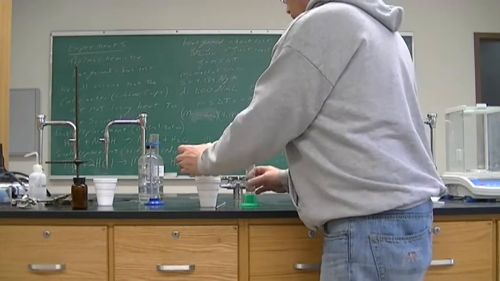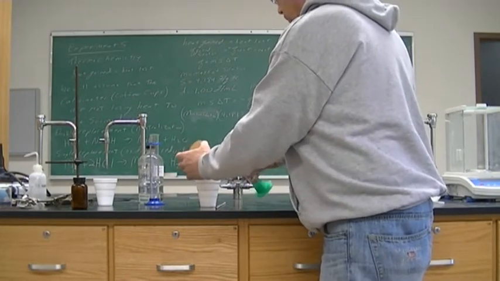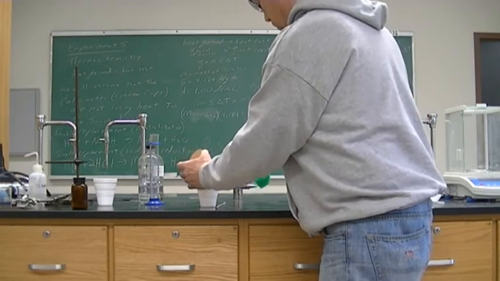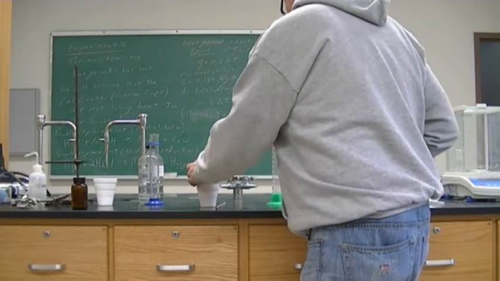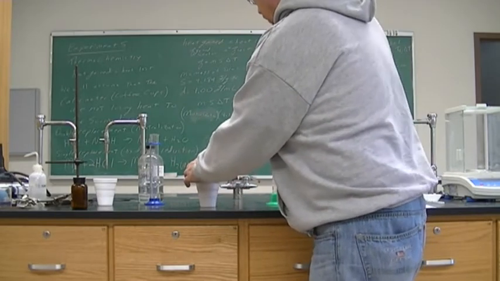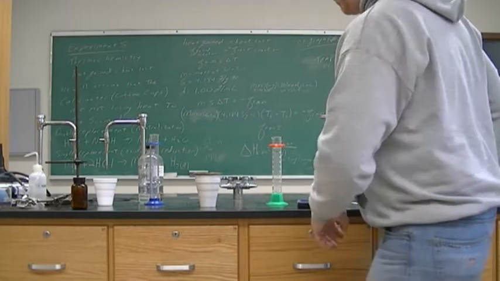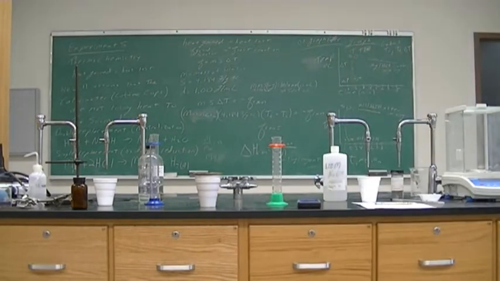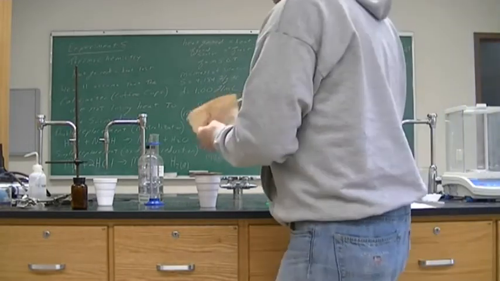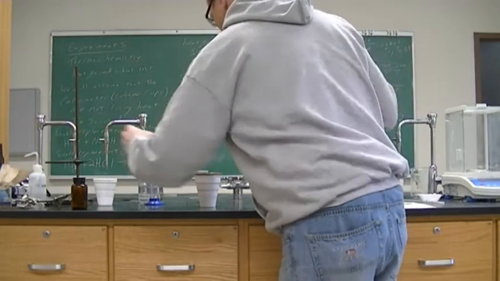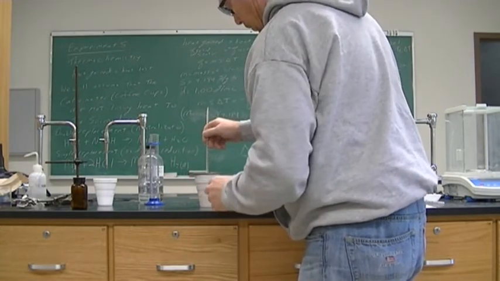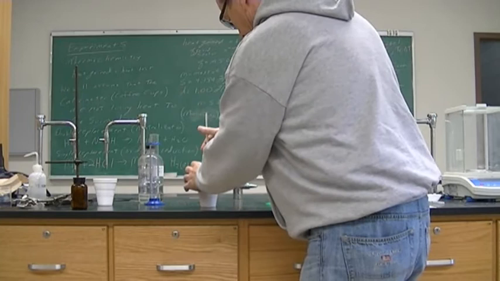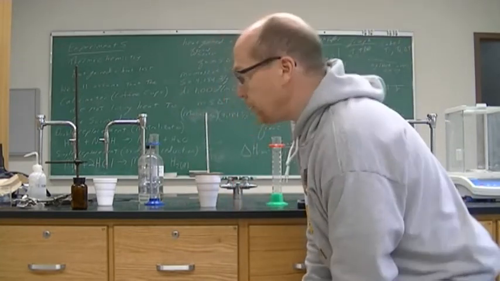All right, and so I'm going to add this, put the lid on so the heat does not escape, and then put my thermometer inside, and I will get a temperature. Again, the initial temperature is 19.0 degrees, and make sure it's all mixed up nice. All right, so it started at 19 degrees Celsius.